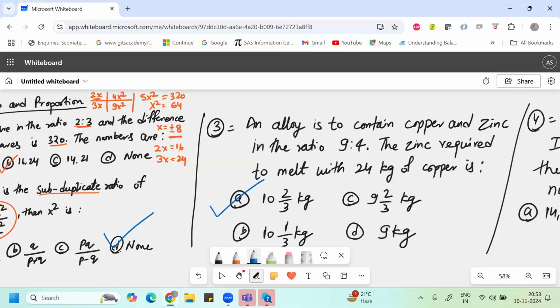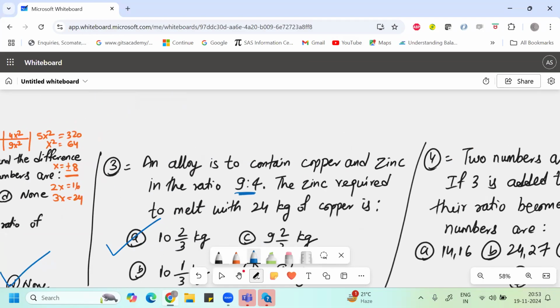An alloy is to contain copper and zinc in the ratio 9:4. So take copper as 9x and zinc as 4x. The zinc required to melt with 24 kg of copper.